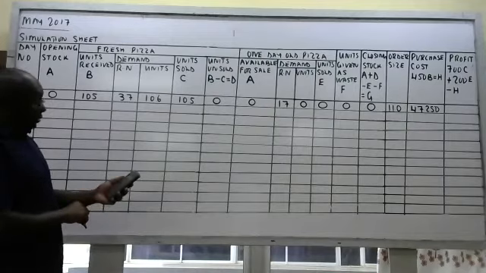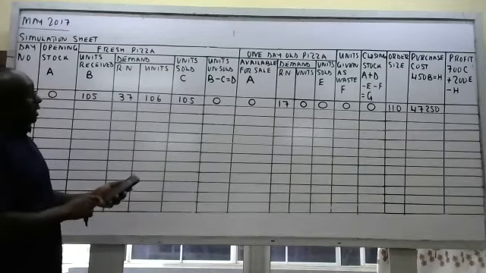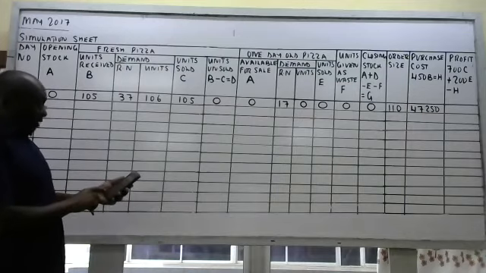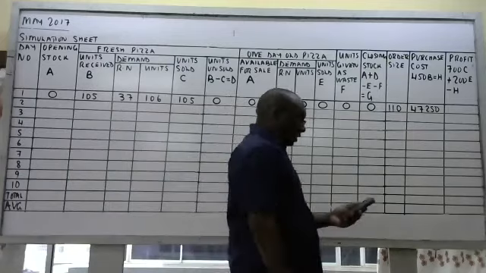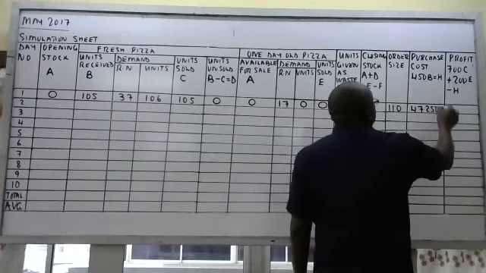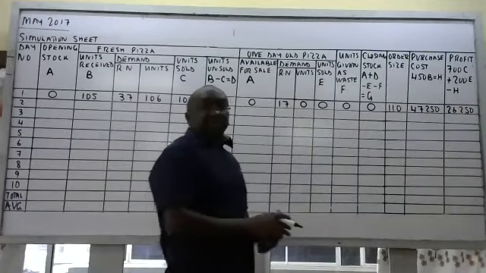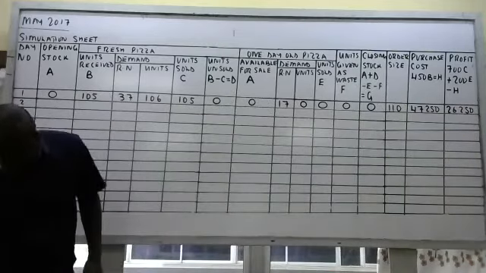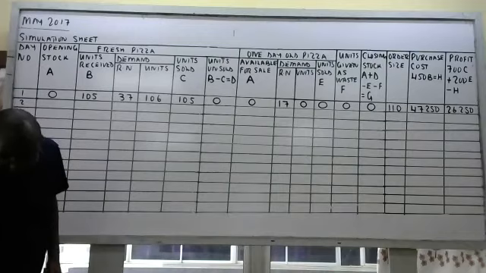Then you add 200 multiplied by E, which is 0. Then you less 47,250. You get 26,150.